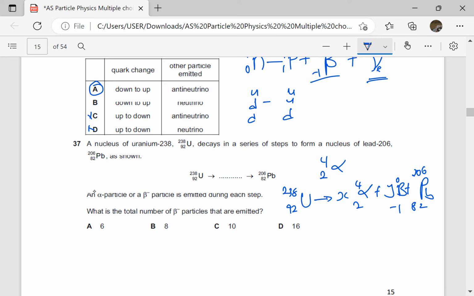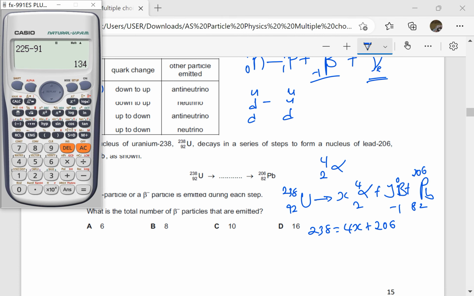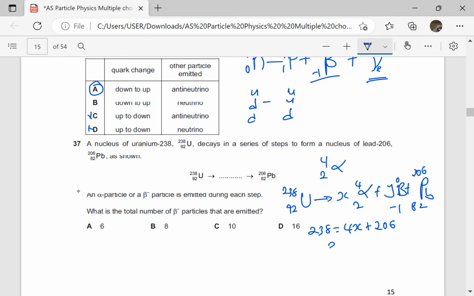So we can find how many alpha particles by looking at the nucleon number. So 238 is equal to 4x plus 206. What is x? X is 238 minus 206 divided by 4. So x is 8. So we can predict that there are 8 alpha particles.